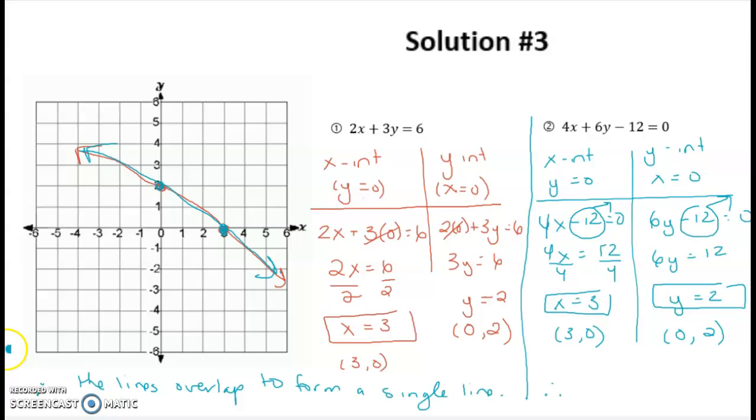So therefore, it's infinite solutions. And infinite solutions means they cross here, they cross here, they cross here, and so on. So they cross a billion times, and it just keeps continuing because the line touches over and over because it's the exact same line.